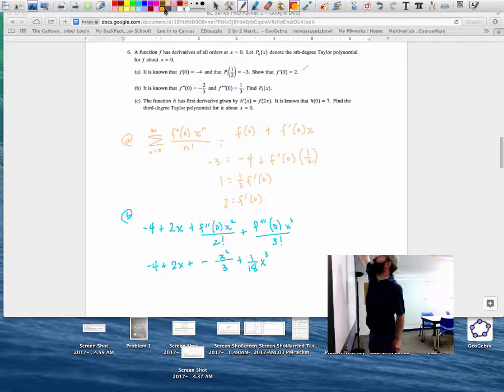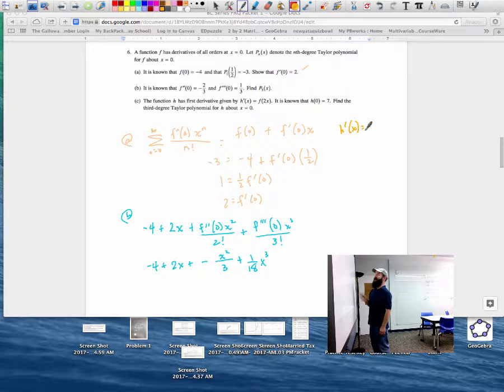So if I'm looking now at part C, h has the first derivative given by h prime of x equals f of 2x. It is known that h of 0 is 7. Find the third degree Taylor polynomial for h about x equals 0. So h prime of x is f of 2x. And this was a polynomial that represented f of x.